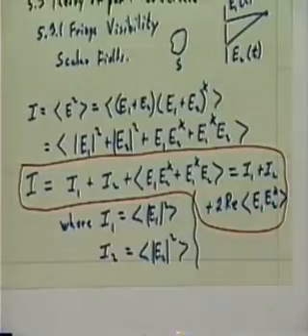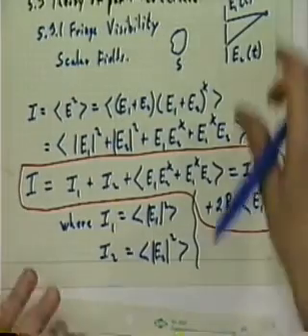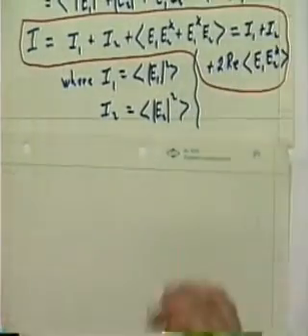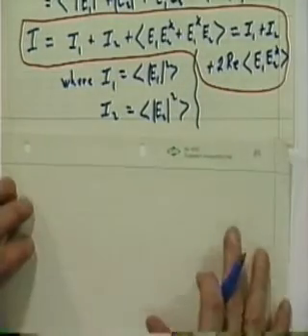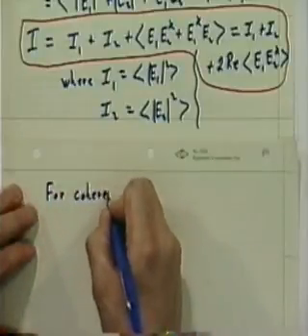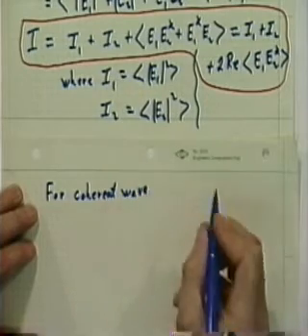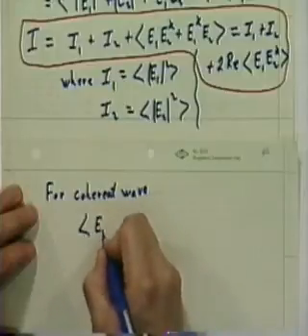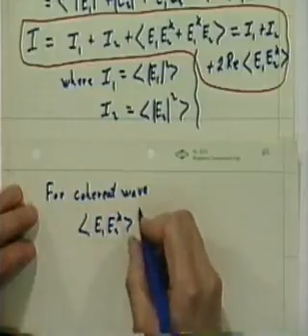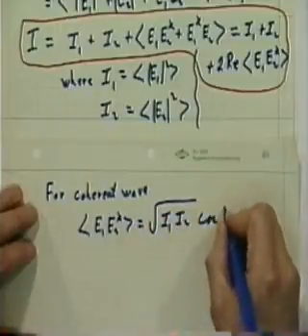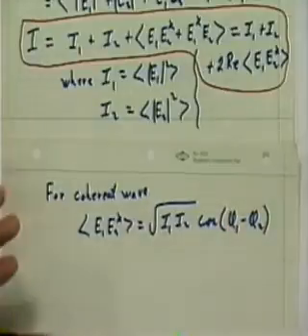Well, I'm going to have to worry about this 2 times the real part of E1 E2 complex conjugate. And if I first say we have a coherent wave, then we've already seen here that E1 E2 complex conjugate was the square root of I1 I2 cosine of whatever the phase difference was between the two beams.